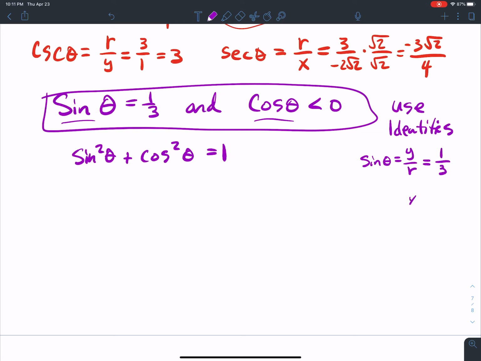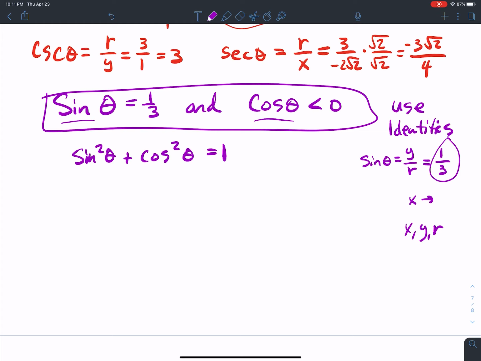All I have to know is x, and once I get x, by golly, I got x, y, r. I can get all the other five trigonometric functions from that. Okay, so one route is using the Pythagorean Theorem, and the other one, you can use your identities.